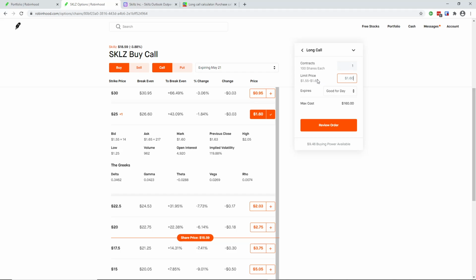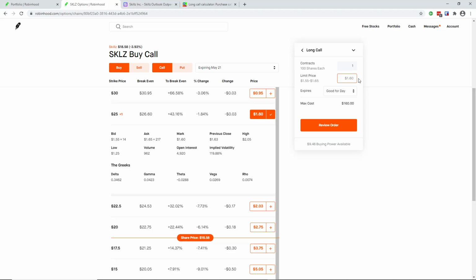Depending on what you type in for the bid ask, your contract can be assigned right away or not. For example, let's say what people are asking for this is $1.65. So if you choose $1.65, there's a good chance this contract will get assigned right away. If you go more on the downside, like $1.55, then it could take a while for it to get assigned.